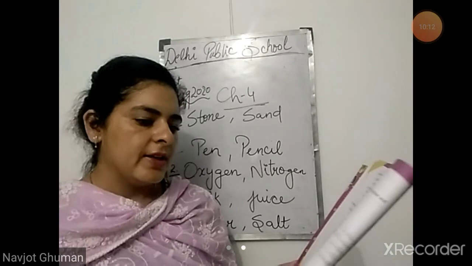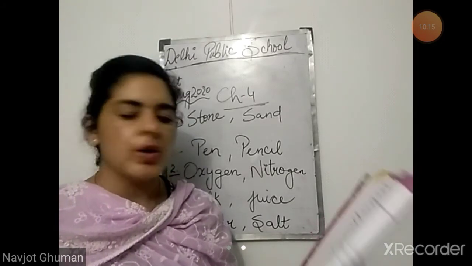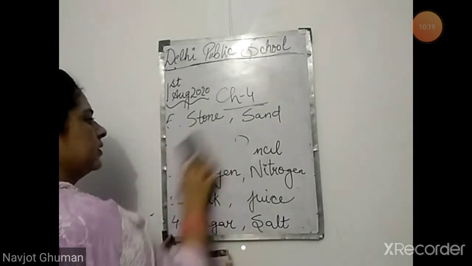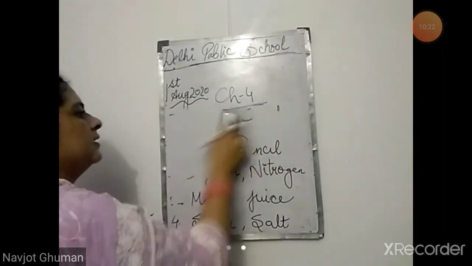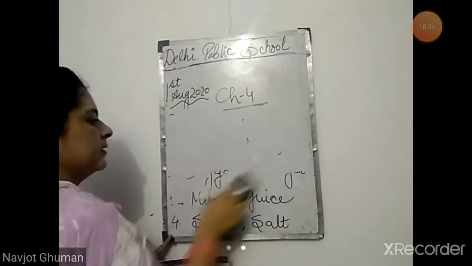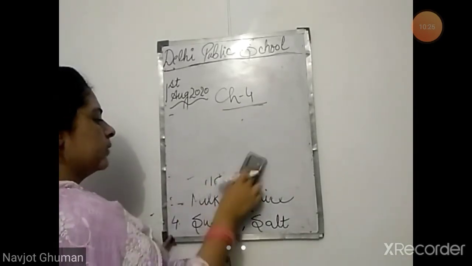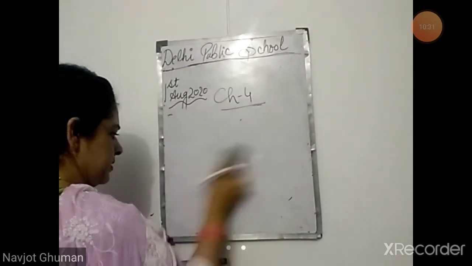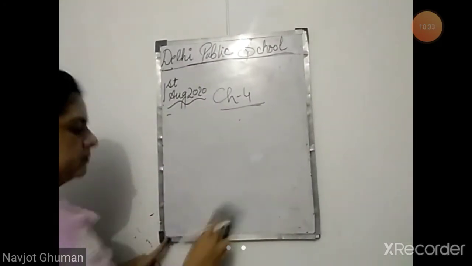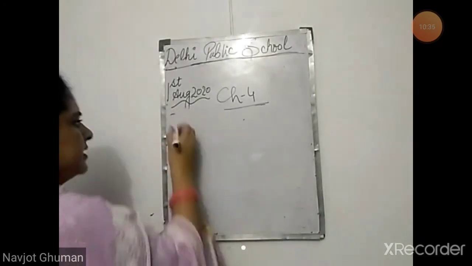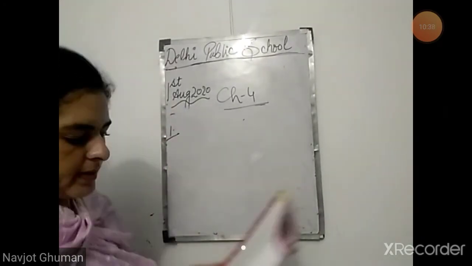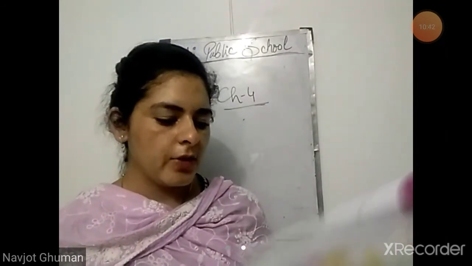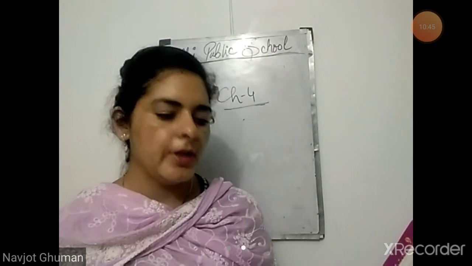Next is name what you would get in the following. There is something given over here, something explained. You have to write the output, the product that you would get. First is, when you take out an ice cube from a freezer and leave it in a normal room.